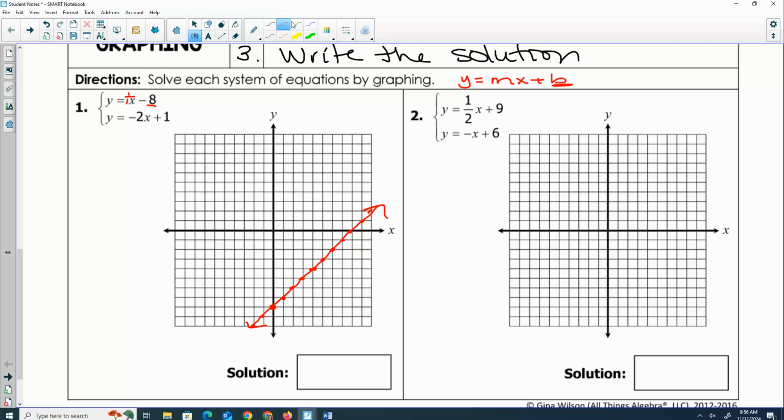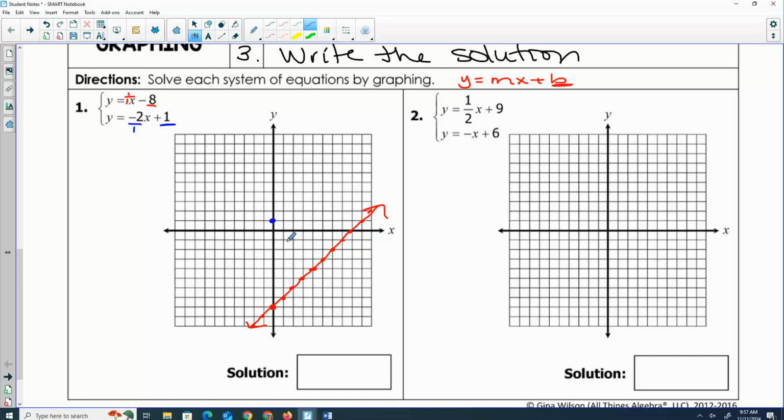Do you guys understand how I got multiple points on my line? Just because I can't use a ruler on this thing, so. Alright, then we do the same thing for the second line. So y equals mx plus b, we start at the y-intercept of 1, so we hit the y-axis at 1. Slope is -2, that's like -2/1.